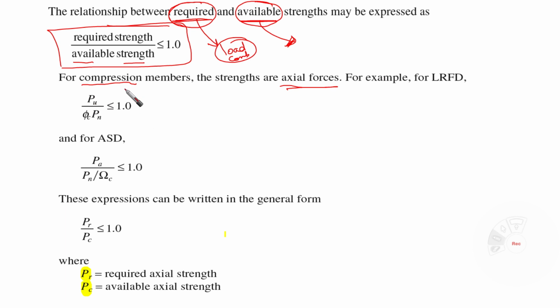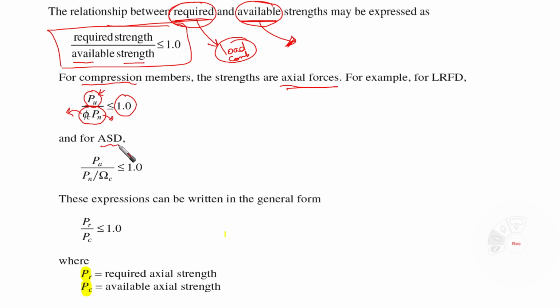This equation, we have explained before. It is P ultimate over phi c times Pn, the nominal strength times the resistance factor. And here we are putting the ultimate load. It should be less than or equal to 1. So it was common for us to use this equation before.